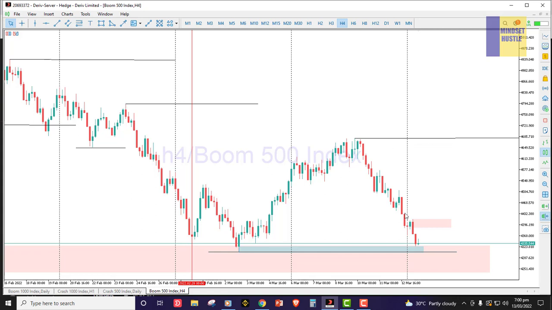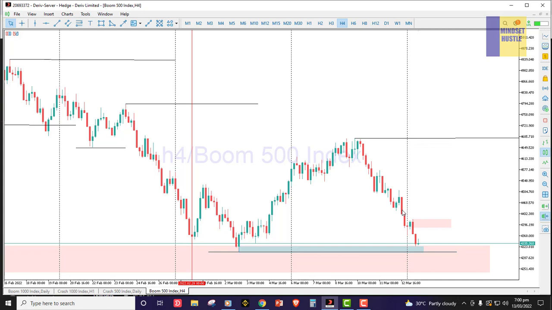Now to know about all those things, you need to do your structural markup time frame by time frame. The three major time frames I use to do the markups are the daily, the H4 and the M15.